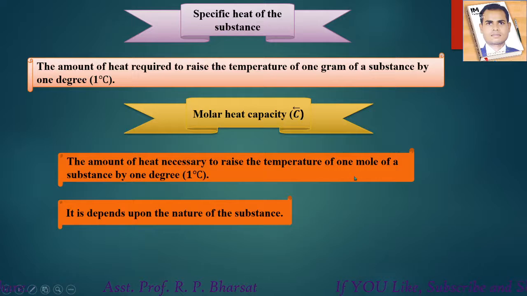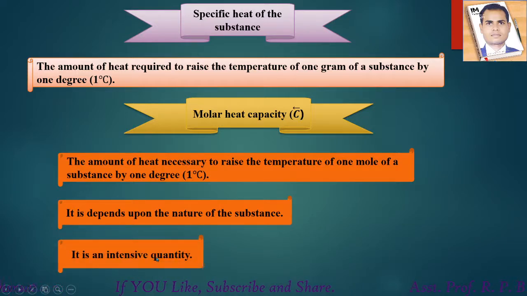In this case you can take different examples like soil and metal. Metals have a large capacity to store heat or temperature, and soil has less capacity to store heat or temperature. And it is an intensive quantity. Intensive quantity means it is independent of the amount of substance.